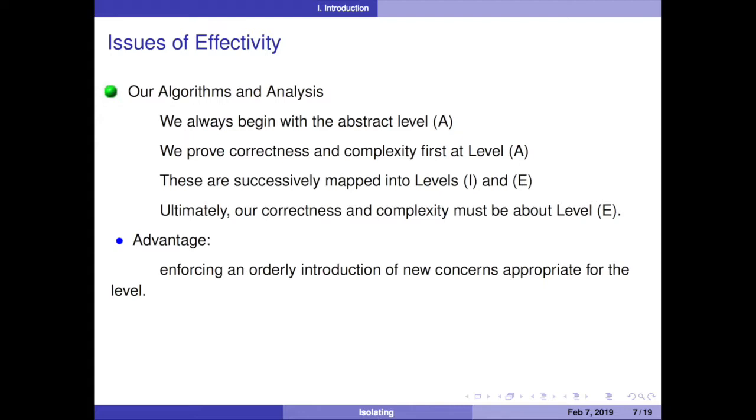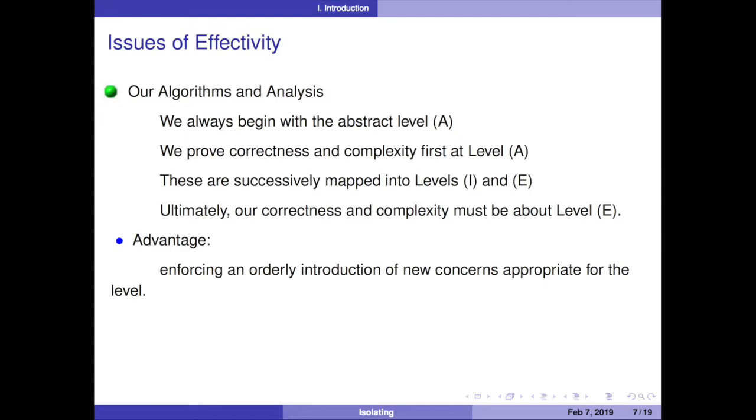And ultimately, our correctness and complexity result must be about this level. This is really what matters. It doesn't matter what the abstract level is, really, right? But so we have to get down to that level. And usually people don't get down to this level. They might stop here, but not go to the next level.